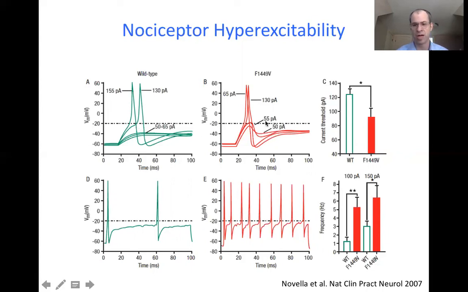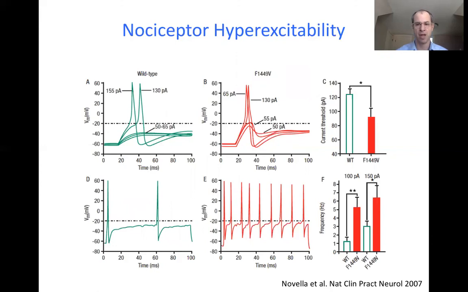However, in the mutant neurons, you can see that there's firing with injection of only 65 picoamps. When the same injection stimulus is used, there's much more robust firing. And so this is indicating that nociceptor hyperexcitability or increased firing is a prominent component of pathological pain.